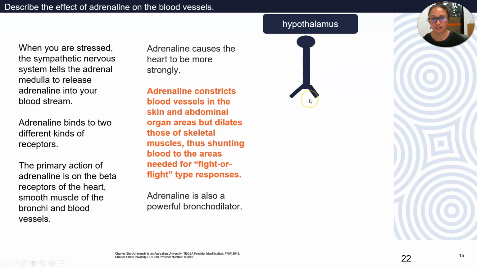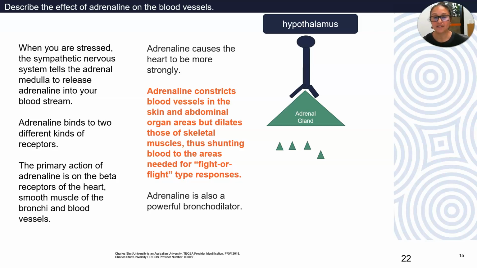Those sympathetic nervous system neurons talk to your adrenal gland, and tell your adrenal gland to release adrenaline into the bloodstream. So adrenaline then floats around in your blood and eventually gets to where it has its effect.